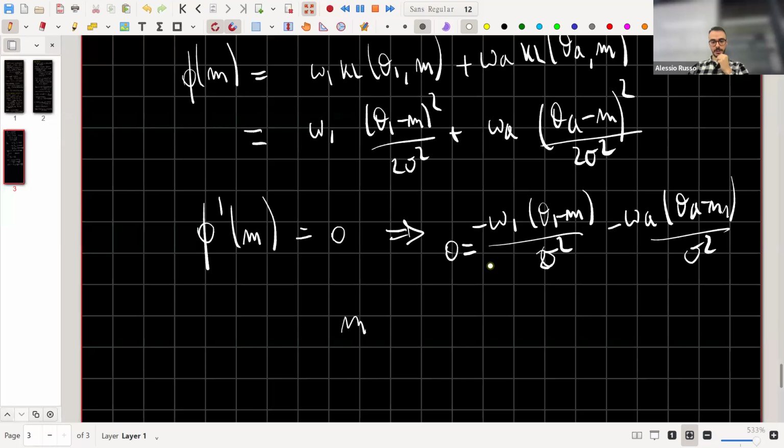From here, we find that M needs to be equal to this.